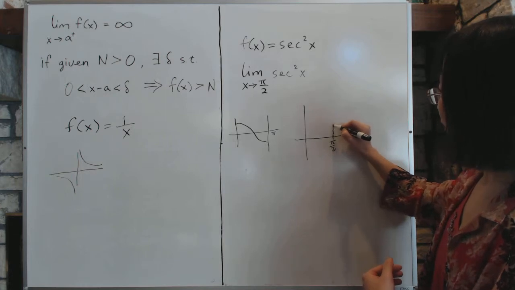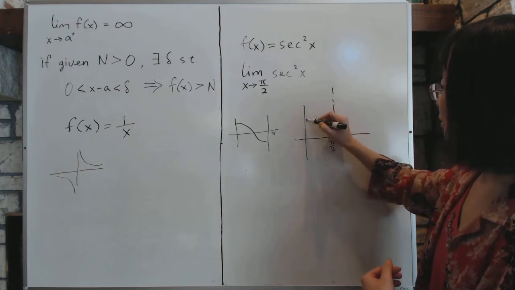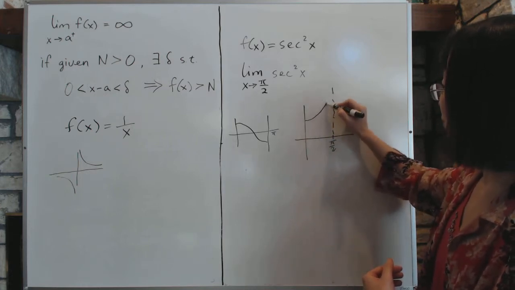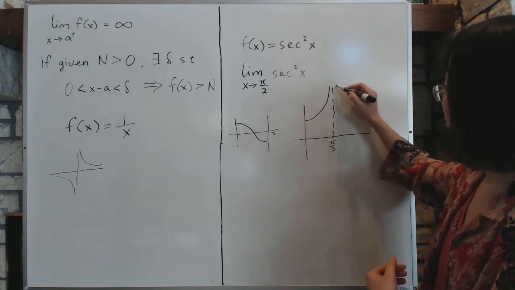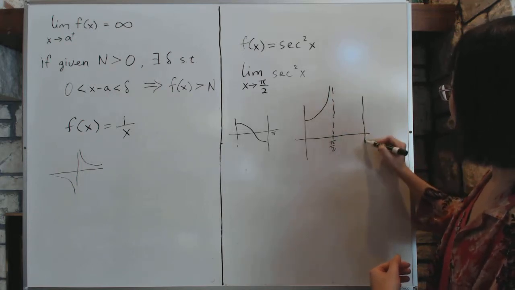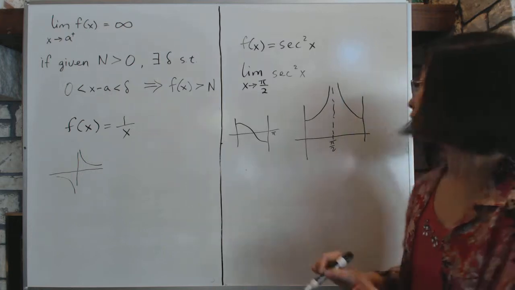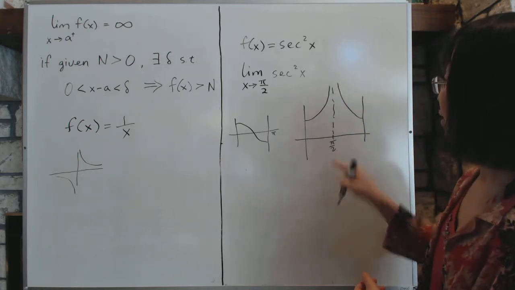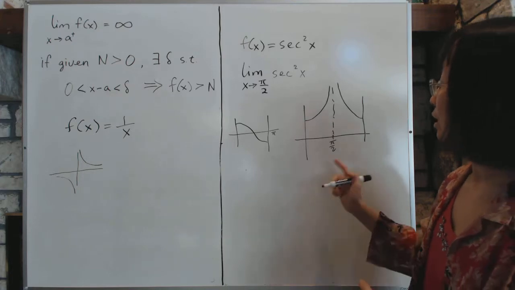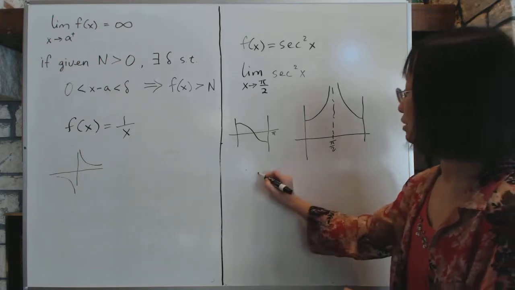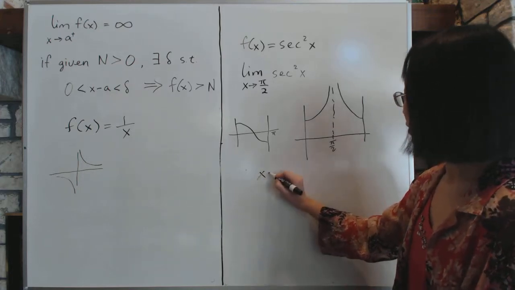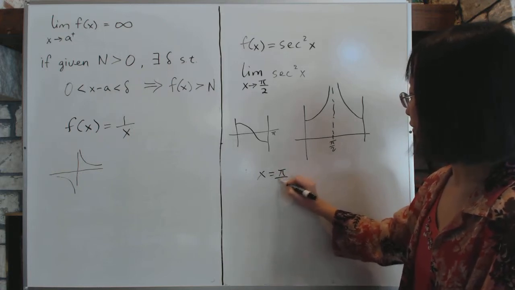Along this line, the curve is going to curl up like this, and over here it's going to do the same thing in mirror image symmetry. So pi over 2 is going to be your asymptote. The asymptote is x equal to pi over 2.